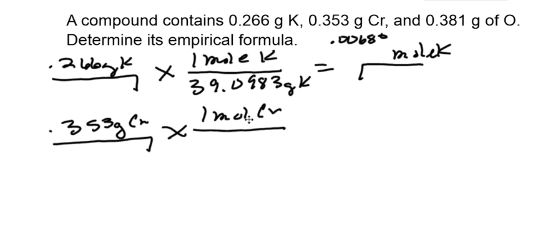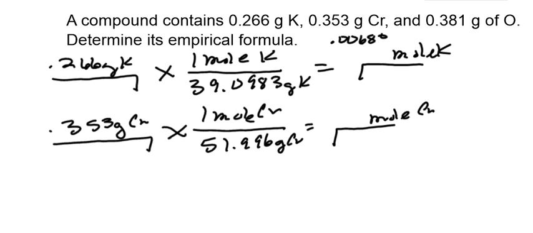We go to the periodic table to look at chromium's mass, and it's 51.996. And that, of course, is going to equal our moles of chromium, and that is 0.00679. Notice I'm keeping at least 3 significant digits in these. It'll help when we round in the end.